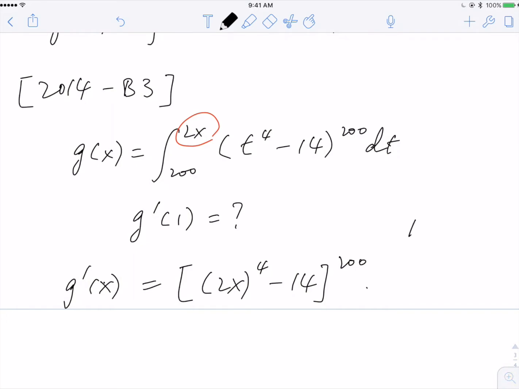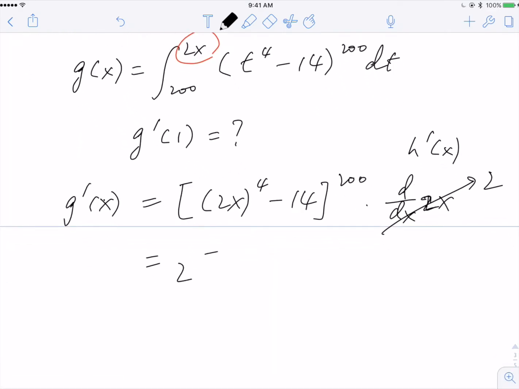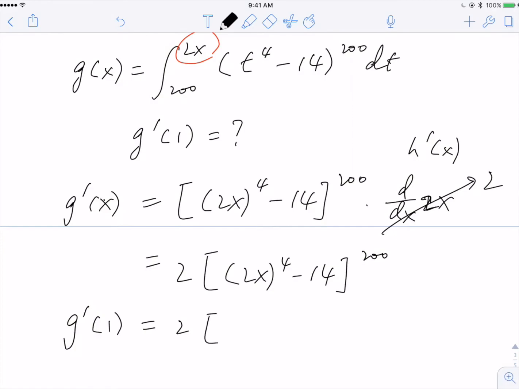No, because we need h prime of x, which is d/dx of 2x, which is equal to 2. So it actually becomes 2 times ((2x) to the power 4 minus 14) to the power 200. So now, easy stuff, we plug in 1. That becomes 2 times (2 to the power 4, which is 16, minus 14) to the 200. That's 2 times 2 to the power 200, which is 2 to the power of 201.